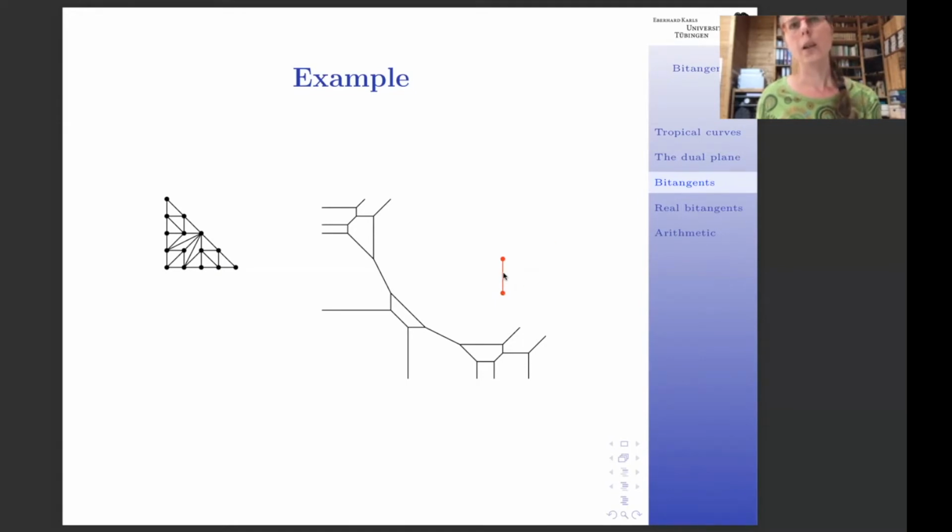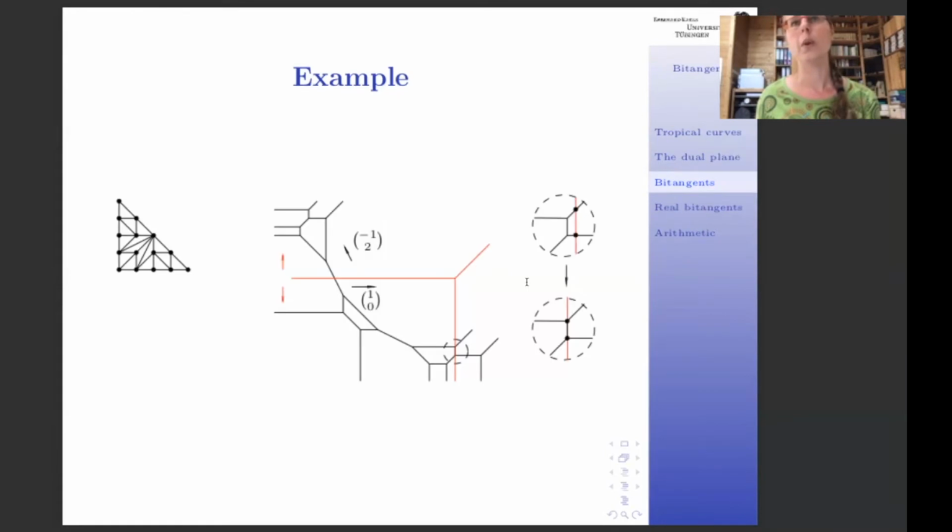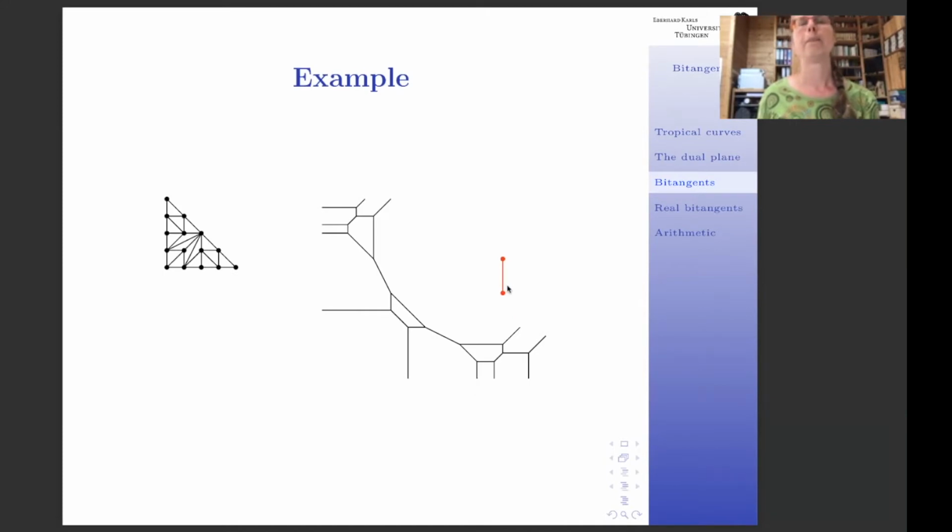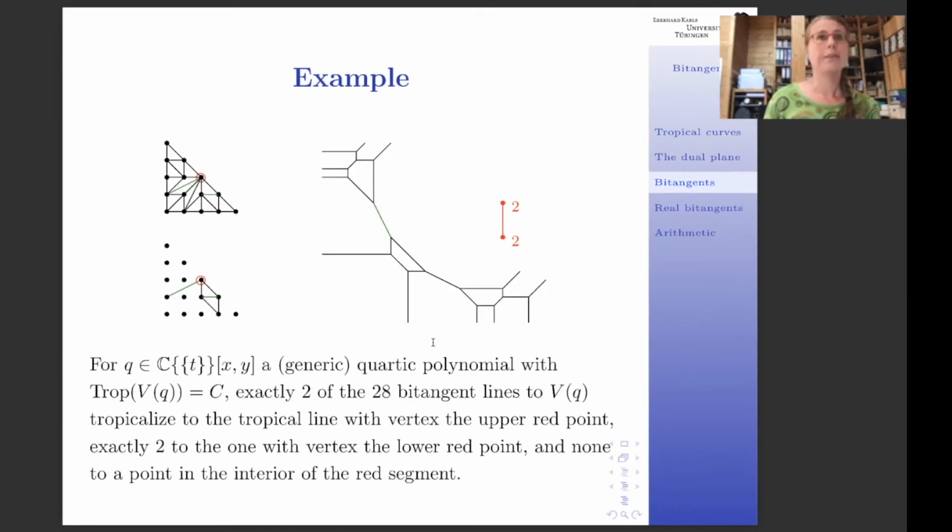And a point somewhere in the interior of this edge would correspond to a tropical line like the one we just saw on the slide before. Oopsie, like this one here, right? This would be an interior point in this segment here. Okay, so this is an example of such a tropical bitangent class.